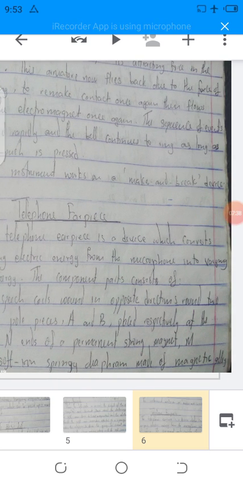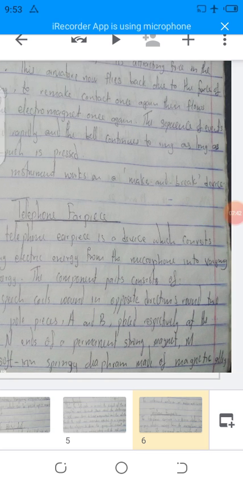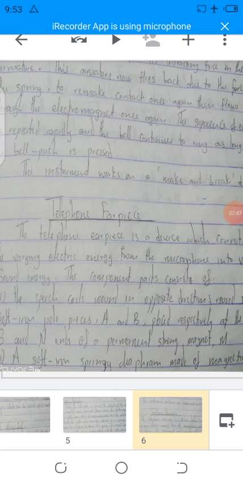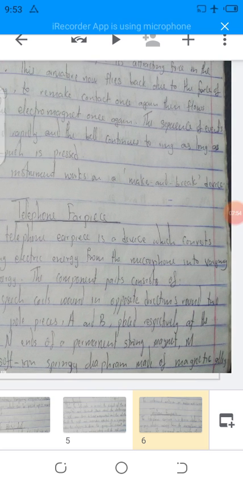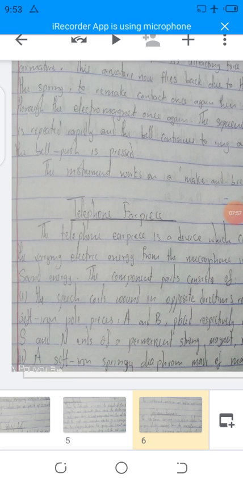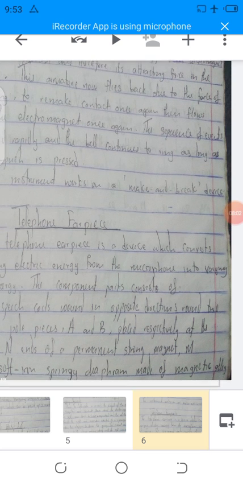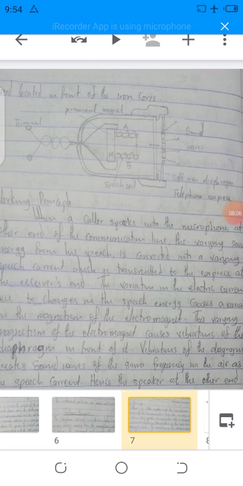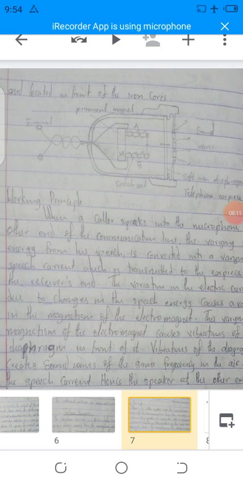The component parts consist of: number one, the speech coil wound in opposite directions round the two soft iron pole pieces A and B, placed respectively at the south and north end of a permanent strong magnet M. Number two, a soft iron spring diaphragm made of magnetic alloy and located in front of the iron core.